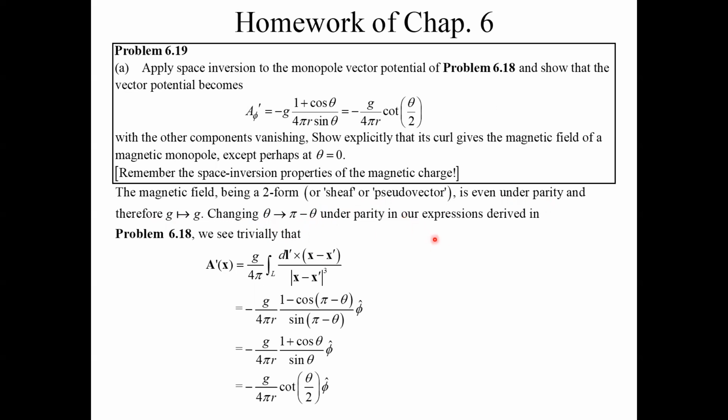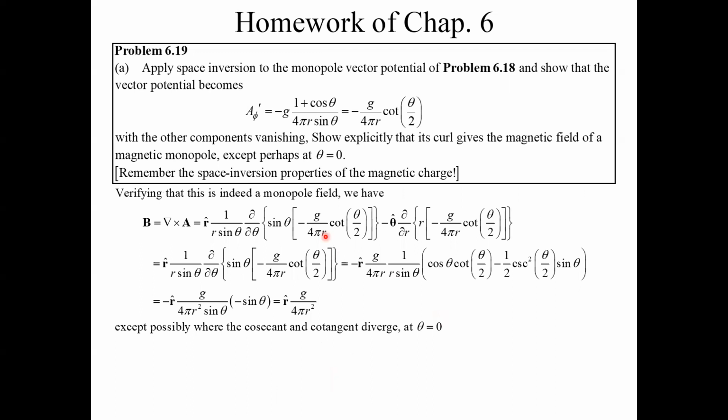Under parity in our expressions derived in problem 18, we see trivially that our vector potential will be like this, and do the integration, and we'll get the answer here and change into a potential function. And next, verifying that this is indeed a monopole field, we have the B field.